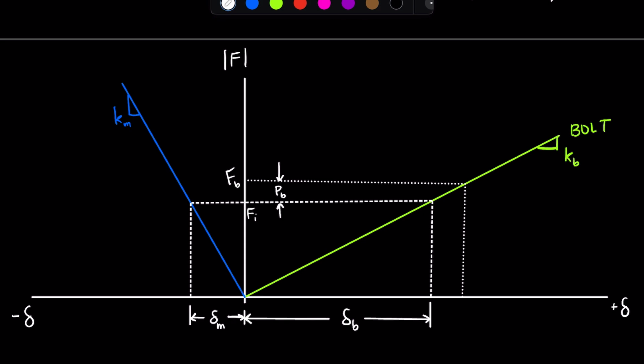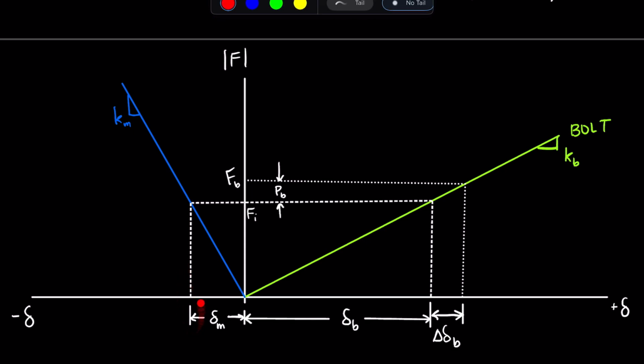Now, on the members, first let me label here. We've got an additional elongation of the bolt that is delta B. Now that delta B is the same amount that the members also get elongated.